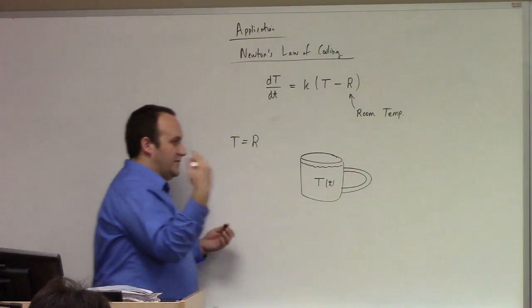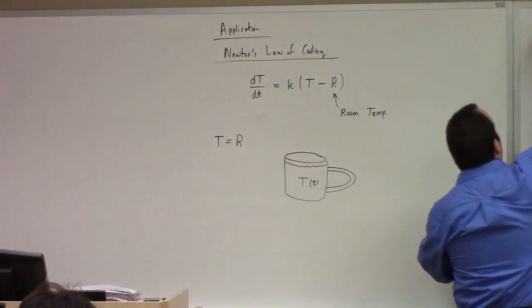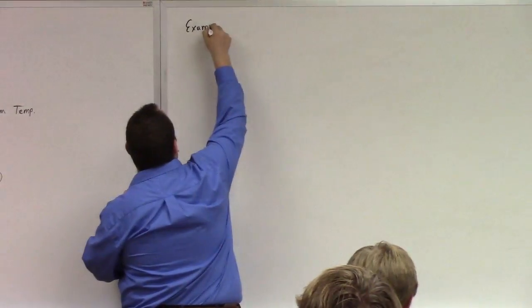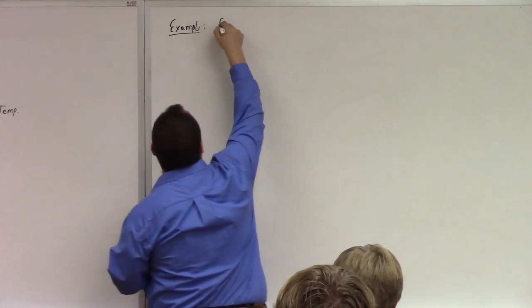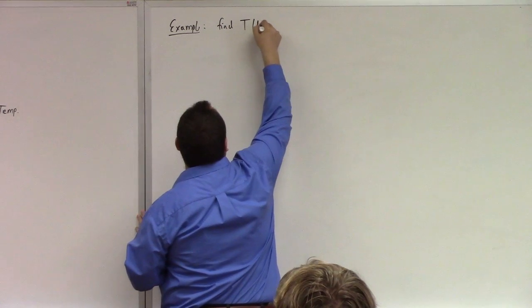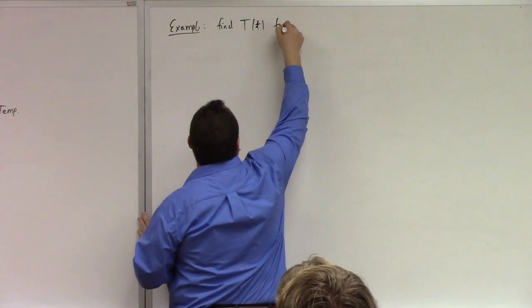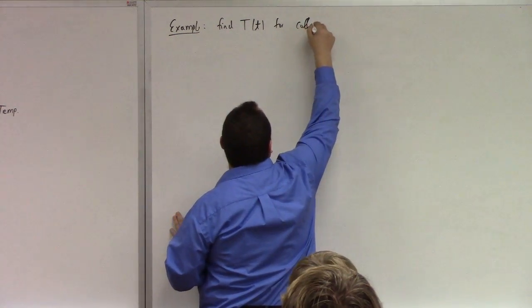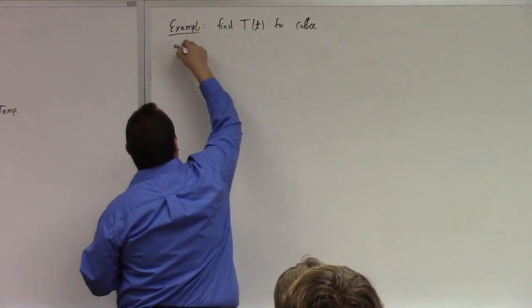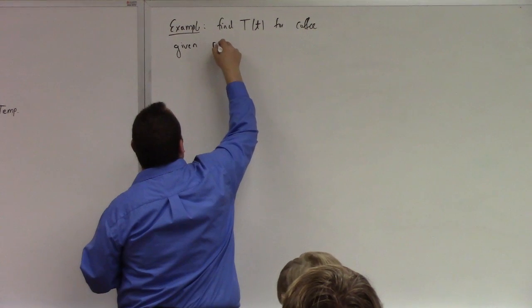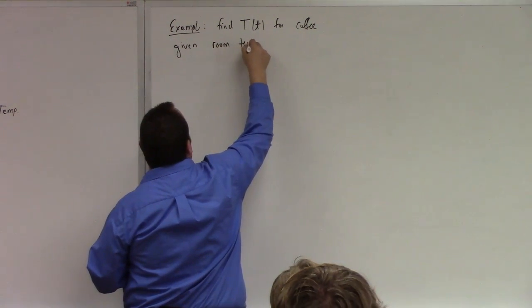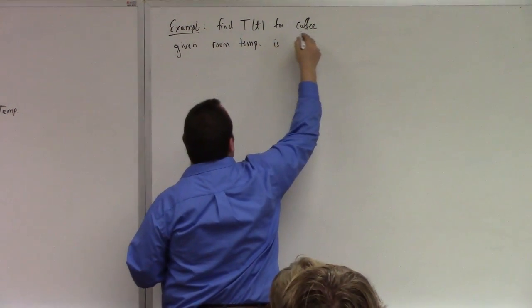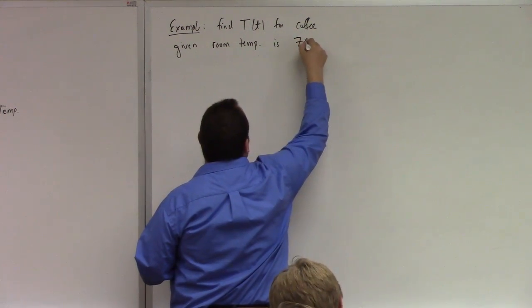Now, let's see here. For example, we could say find the temperature at time t for coffee, given room temperature is, say, I don't know, 70 degrees.